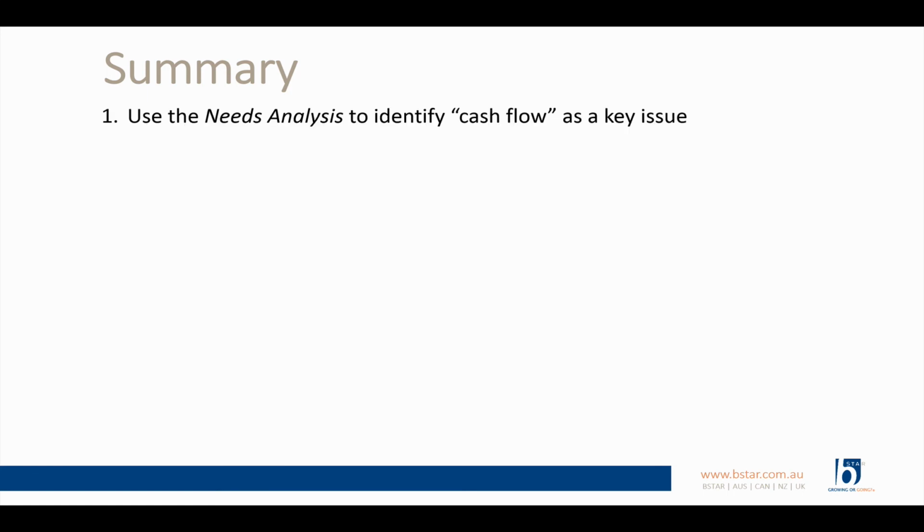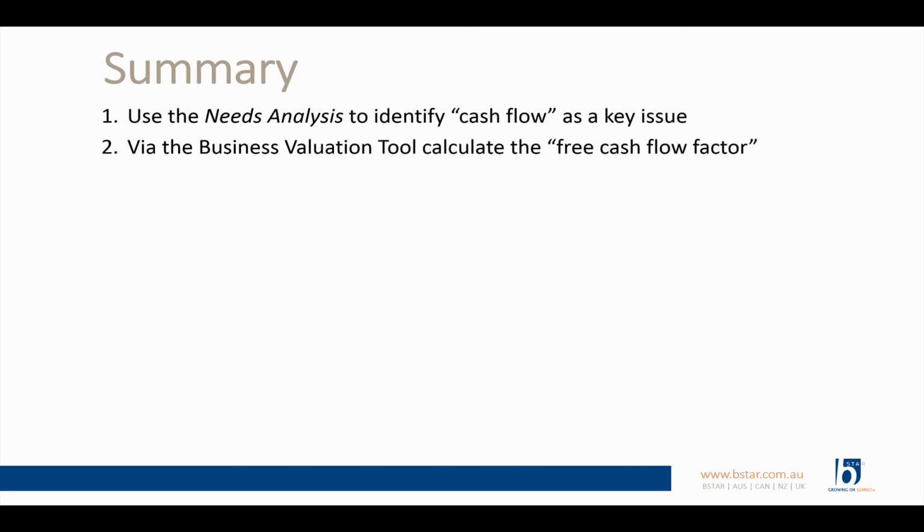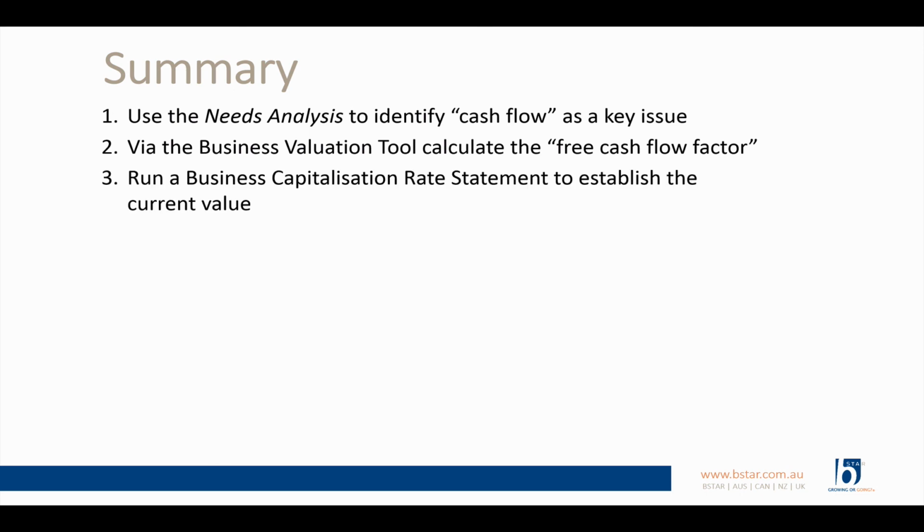So to finish up, let's just run through a quick summary. The first thing that we need to do is, via the needs analysis, identify cash flow as being a key issue. The second thing is that we need to use the business valuation tool to calculate the initial free cash flow factor. Once we've done that, we can run a business cap rate statement, which will establish the current value.